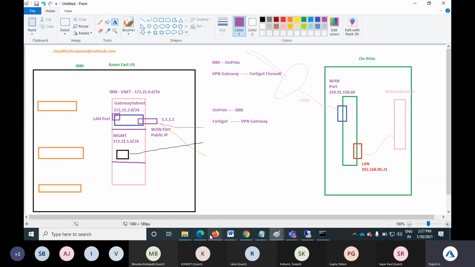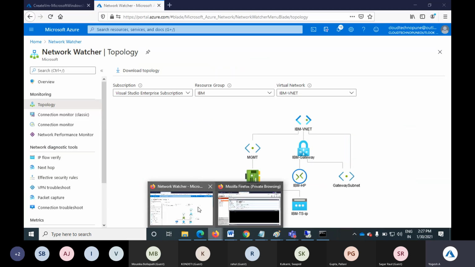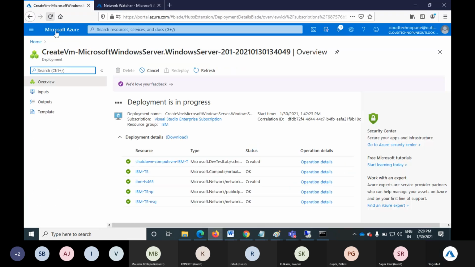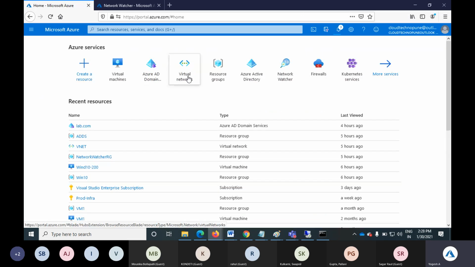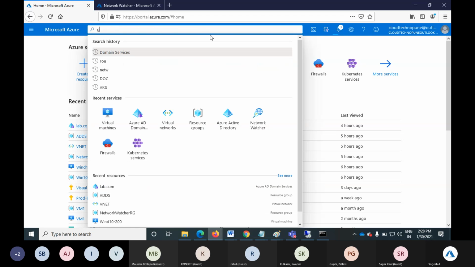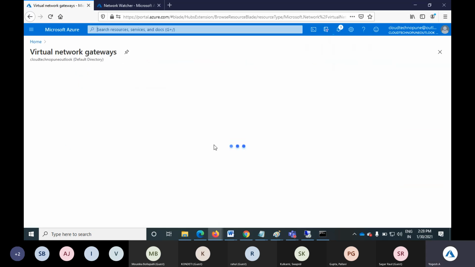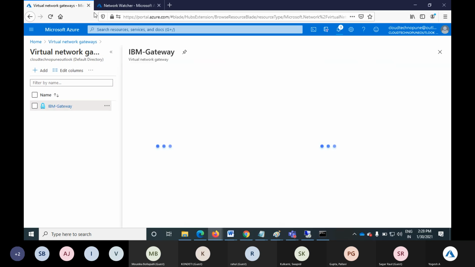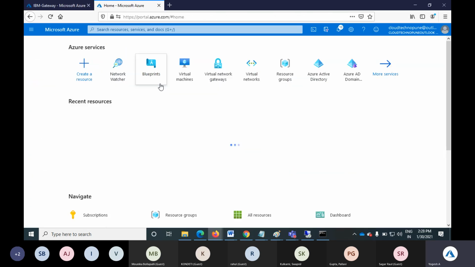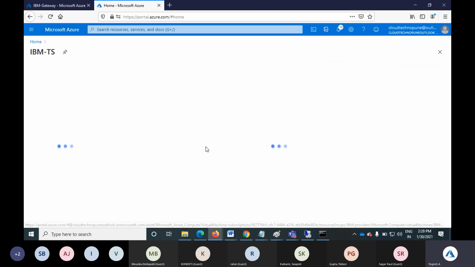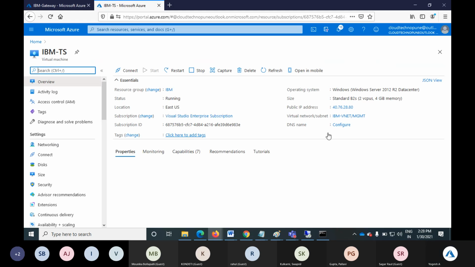So what is the IP address we are using into the on-premises? Go to gateway. Virtual network gateway. And what is the IP address of our virtual machine which we have created?